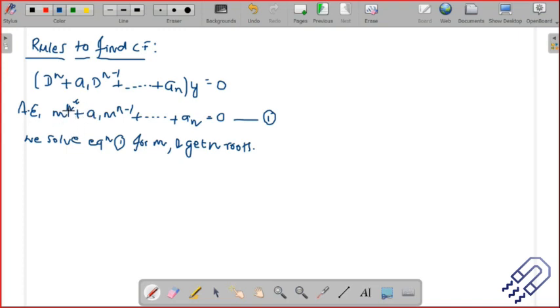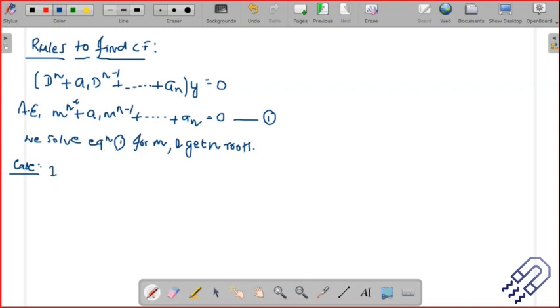So whatever is the order of n, you are going to get that many roots. Okay, whatever the values. So this is what we do with the rules. Okay, and when we actually solve it, the values of m might be real, it might be imaginary, or it might be a combination of both. Okay, so we're just going to look into 3 cases here.